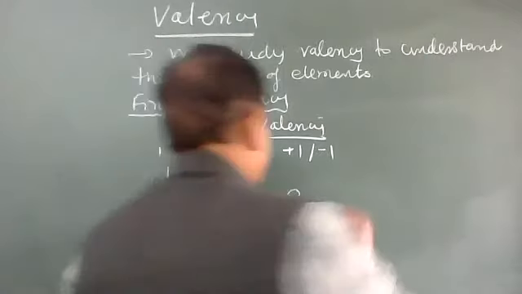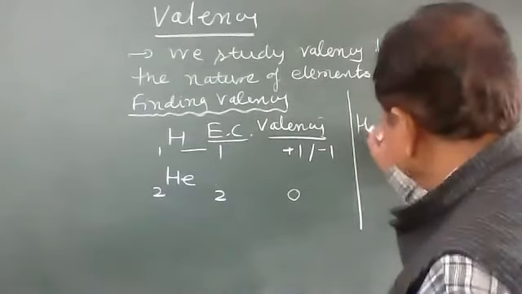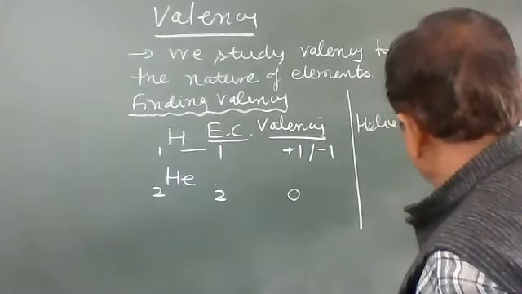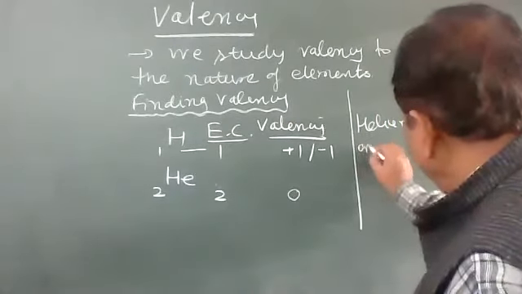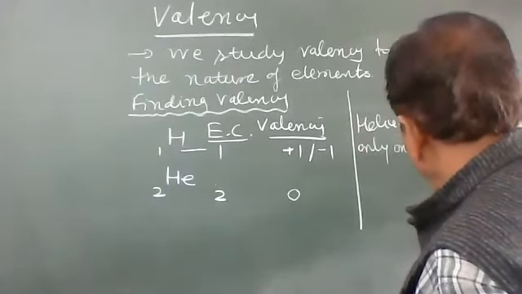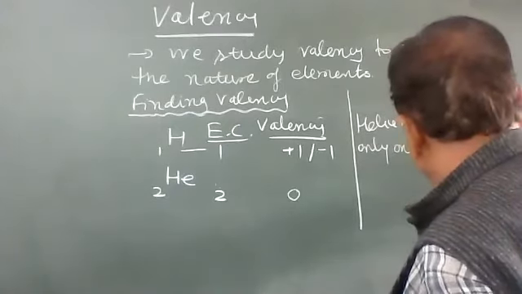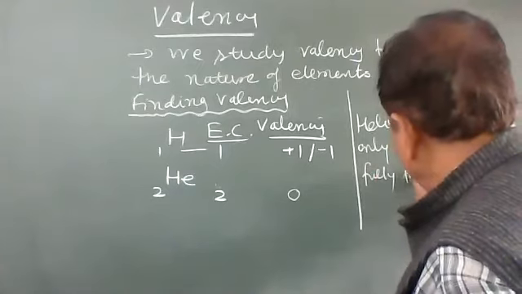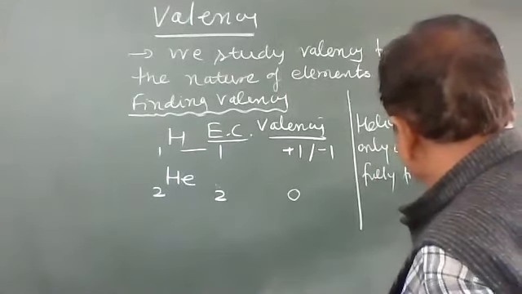So the helium atom has only one cell, fully filled with electrons.